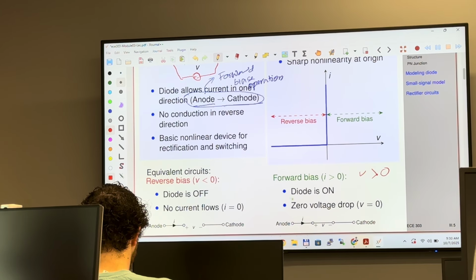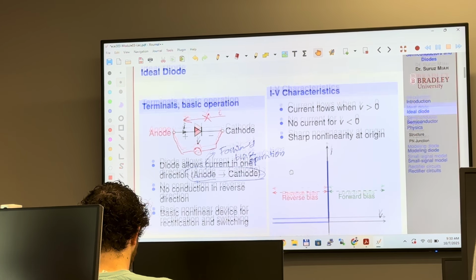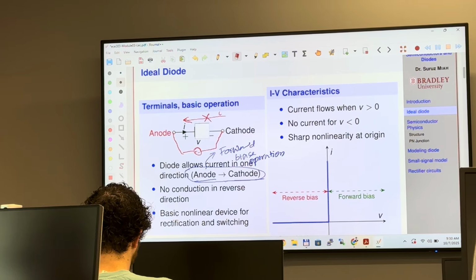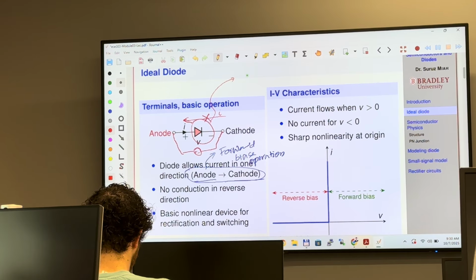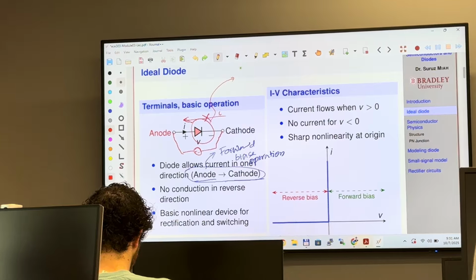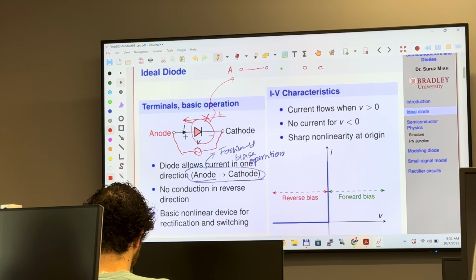If you have a positive voltage, you can replace this diode with a piece of wire. This is anode, this is cathode. You can just think of this diode as a piece of wire.